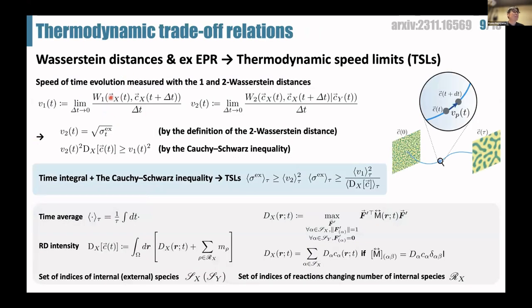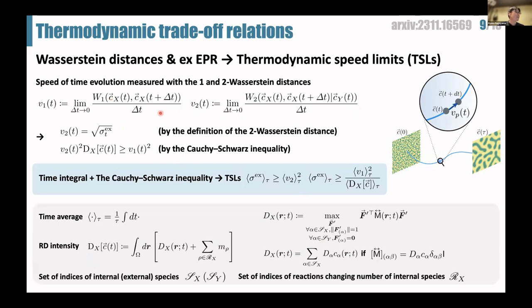Then we can obtain thermodynamic speed limits by combining the Wasserstein distances and excess entropy production rate. By measuring the speed of time evolution with Wasserstein distances like this, and defining reaction diffusion intensity appropriately like this, we can easily check that the speed of time evolution measured with the 2 Wasserstein distance is the same as the square root of the excess entropy production rate.